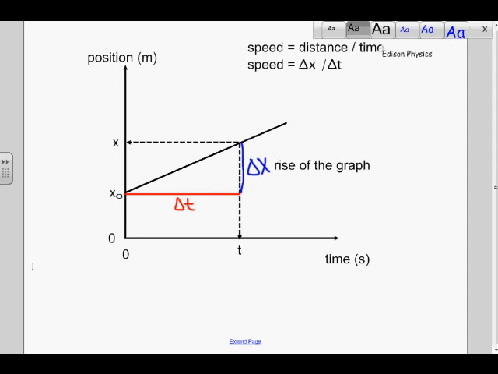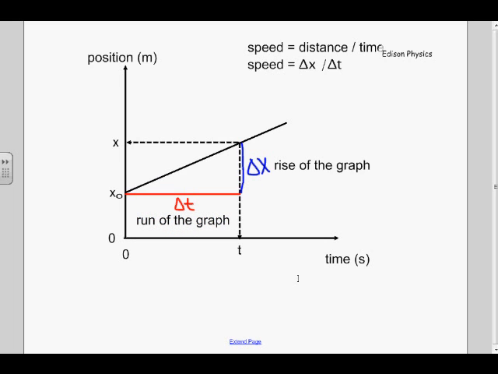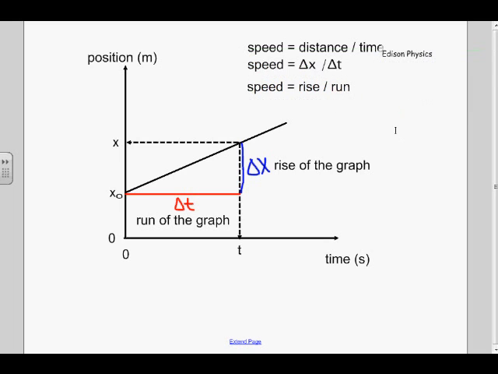Okay, think. Delta t is the run of the graph. What do I get when I divide rise by run? All right, so let's look at this for a second. Speed equals rise divided by run. That looks awfully familiar to me. I think there's probably a name for rise divided by run.